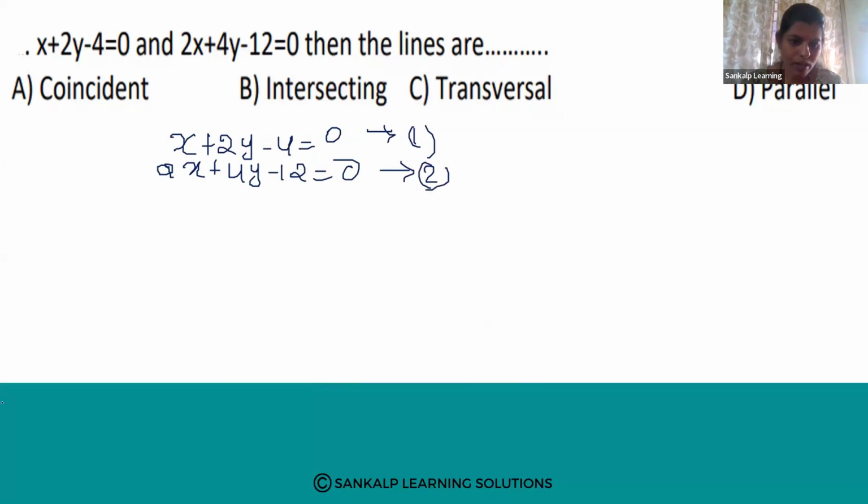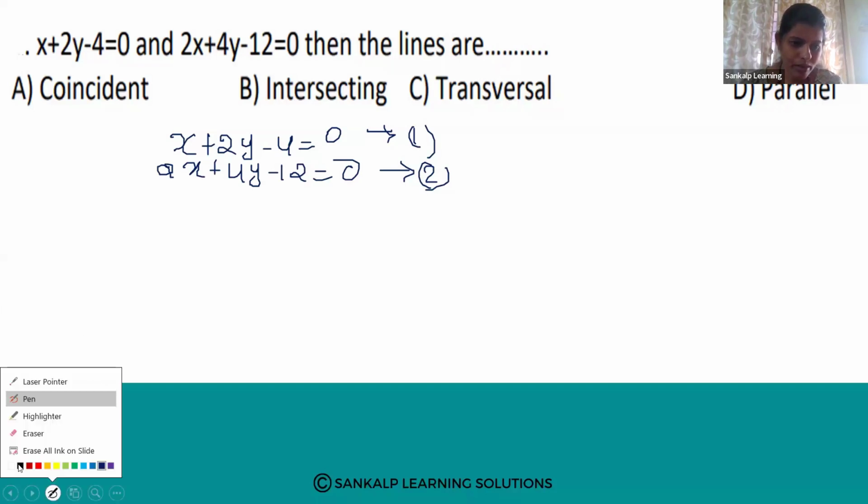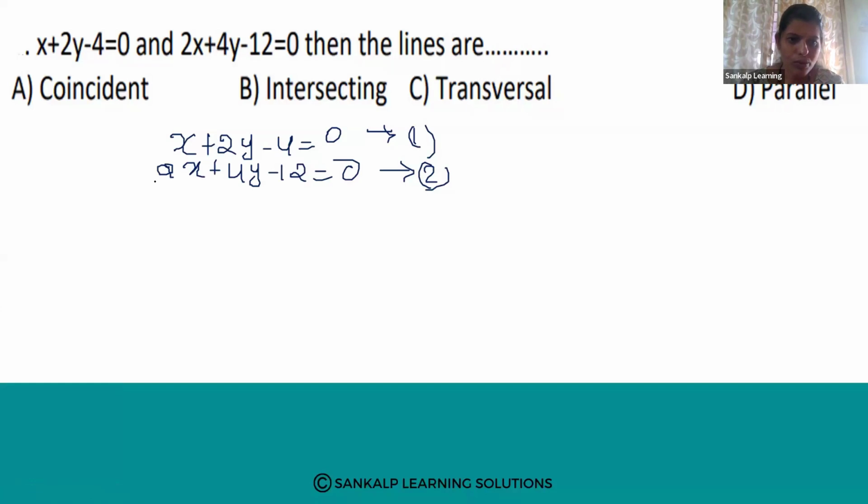Now, wait a minute. Yes, so this is a1x, this is b1y, this is c1, equal to 0, and this is a2x plus b2y plus c2 equal to 0.